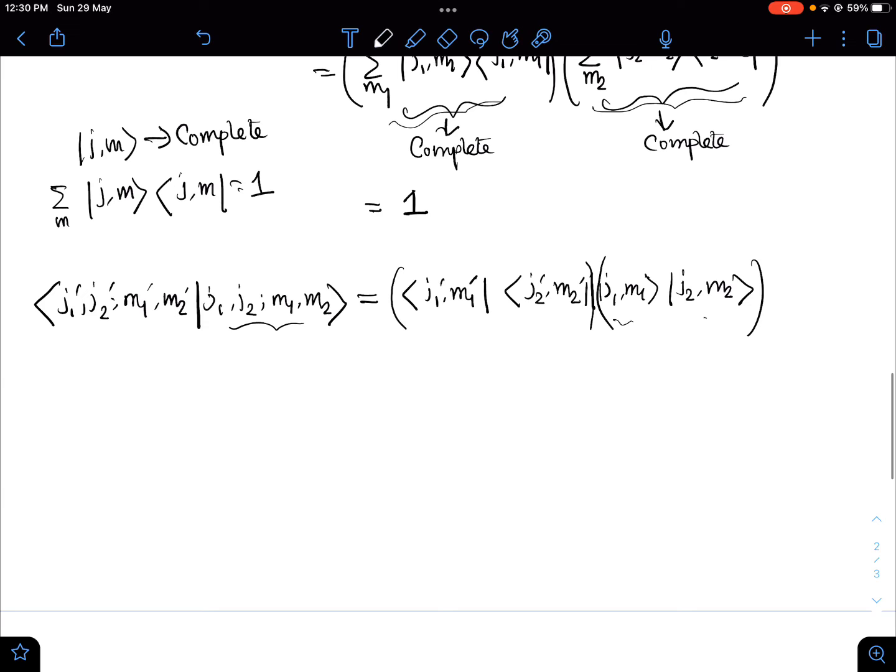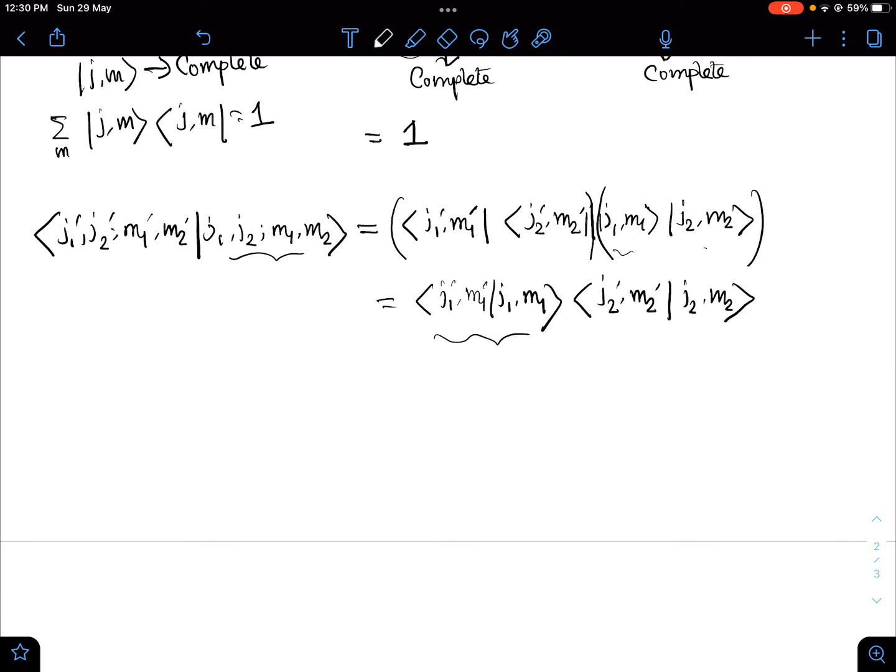Now they are independent, so we can write this as <J1', M1'|J1, M1> and <J2', M2'|J2, M2>. Now this is delta J1' J1 and delta M1' M1. Similarly, this is of the form delta J2' J2 and delta M2' M2.